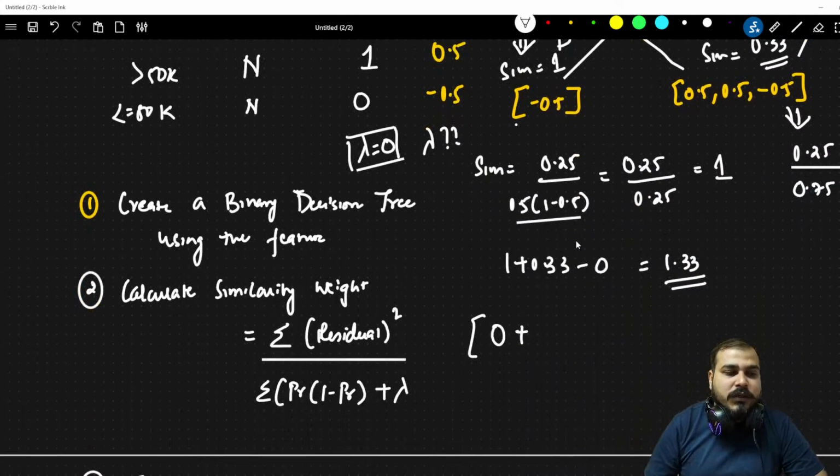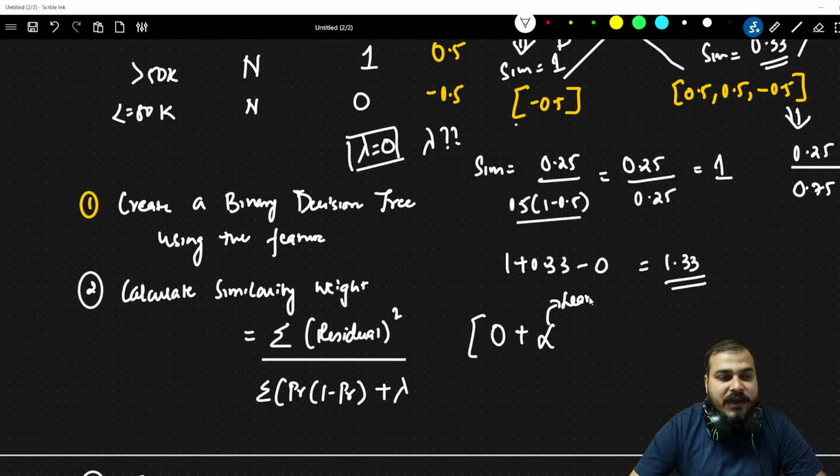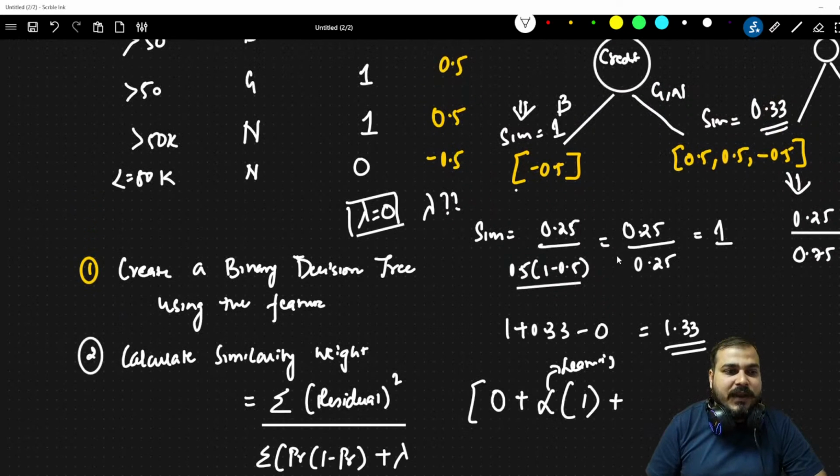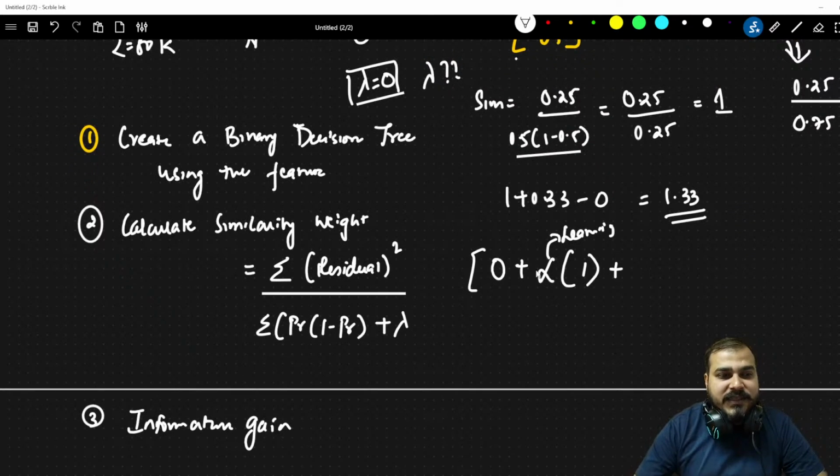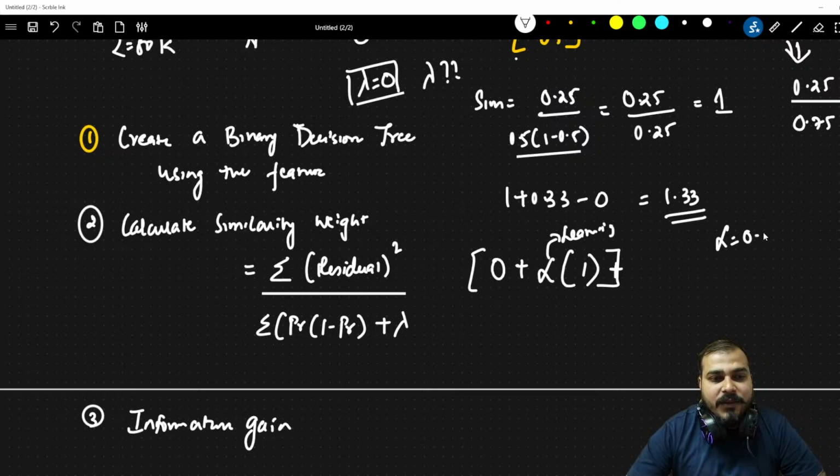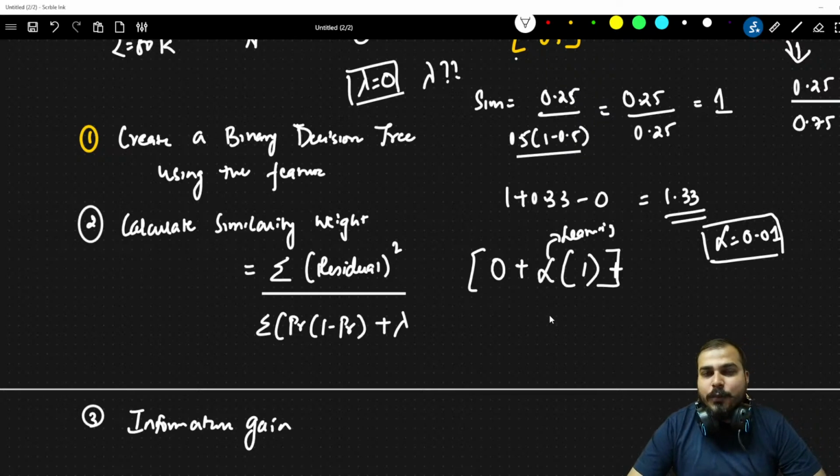So what we do in this case is pass it to a learning rate parameter. This is my learning rate, alpha, multiplied by 1, because the similarity weight is 1 over here. So this will basically be my first reference. Alpha is my learning rate, and it can be a very small value, based on the learning parameter we use, like how we have defined learning parameters elsewhere.